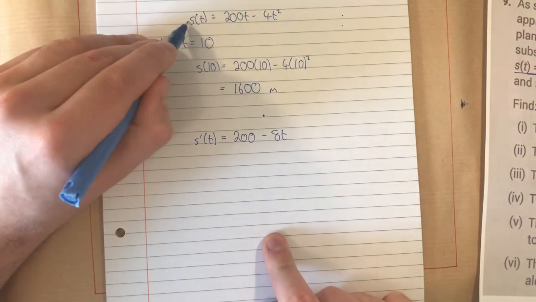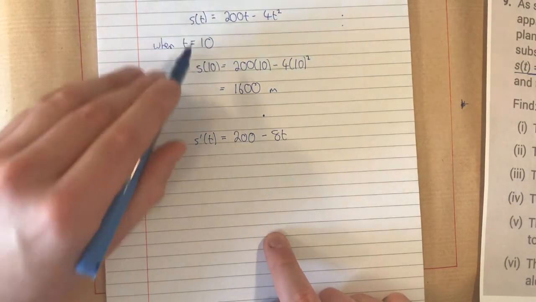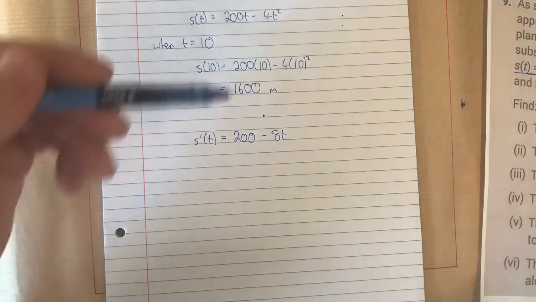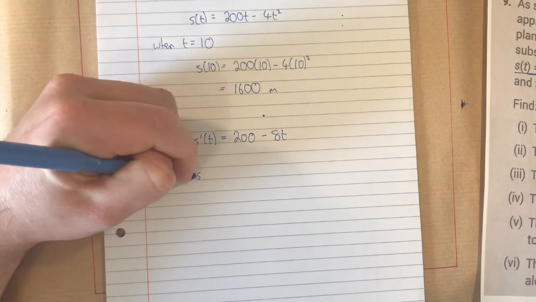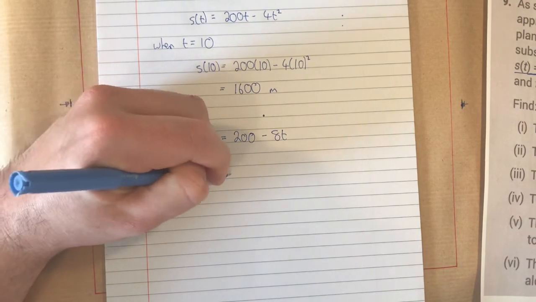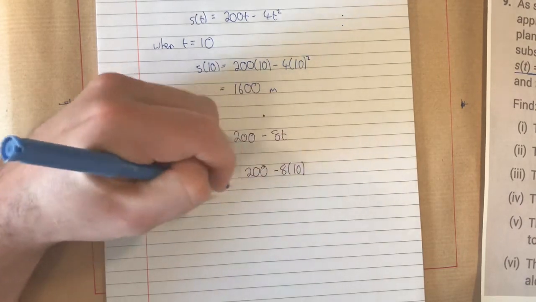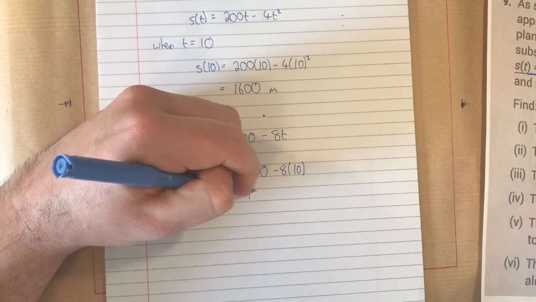That's a formula for distance, that's a formula for speed. So into which of these two formulas, if I'm looking for speed, will I put my 10 this time? Good, that's a formula for distance, so I won't use that one, I'll use the formula for speed. So s prime of 10 is equal to 200 minus 8 bracket 10, so that's 200 minus 80, which is 120.